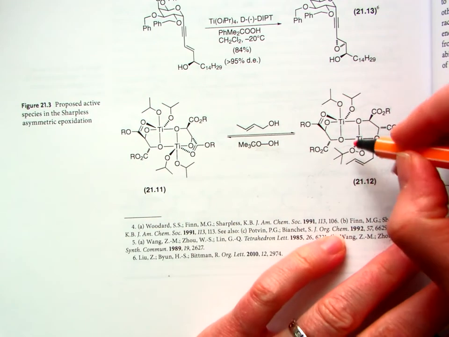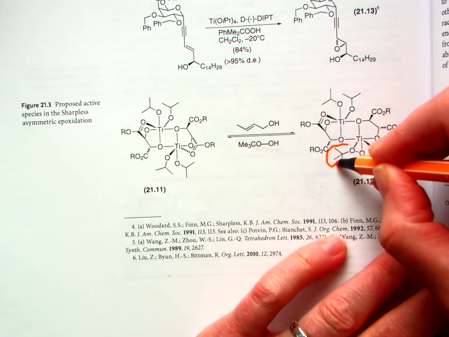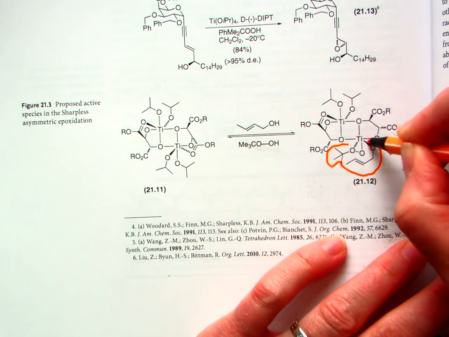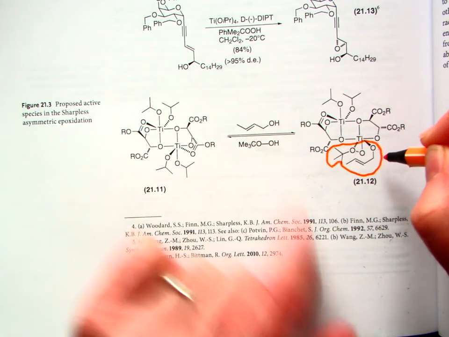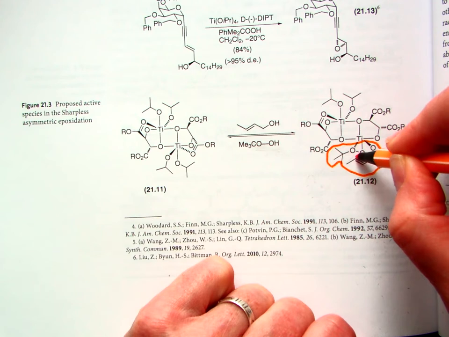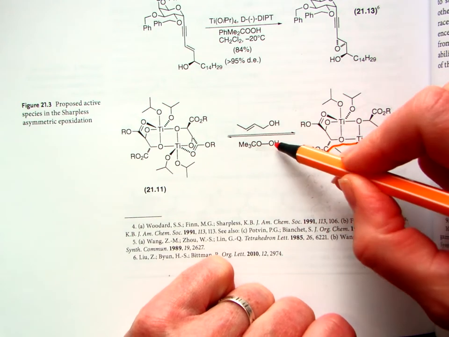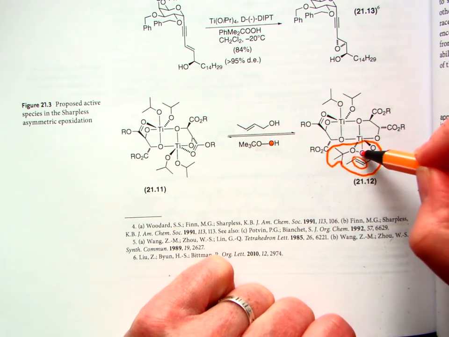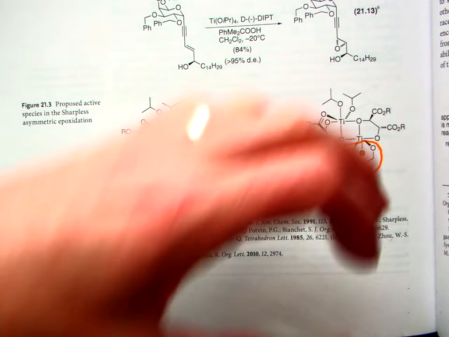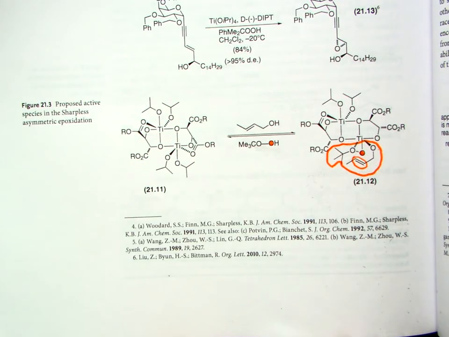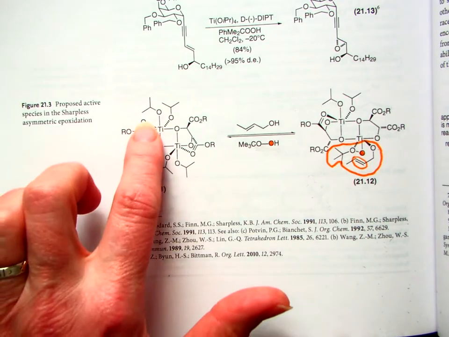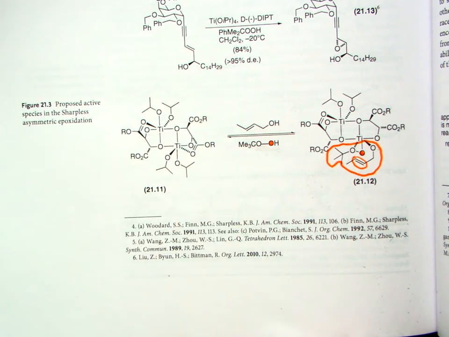So here is the oxidant and the alcohol, right? The piece we're going to form our epoxide right here. There's the O, that's going to become your epoxide O, and they get lined up on a particular side depending on the diethyl tartrate ester that you use.